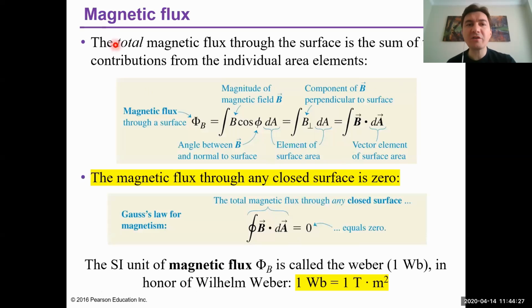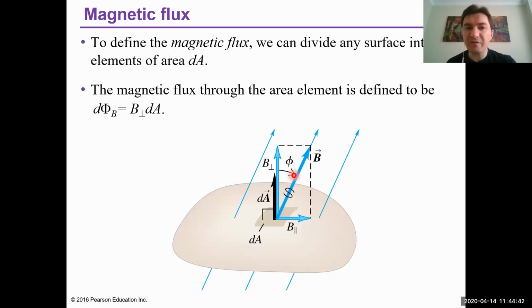So the total magnetic flux through the surface is the sum of contributions from the individual area elements. Then you will integrate. The perpendicular component is given by B times cosine phi. You see, this component is given by B cosine phi.